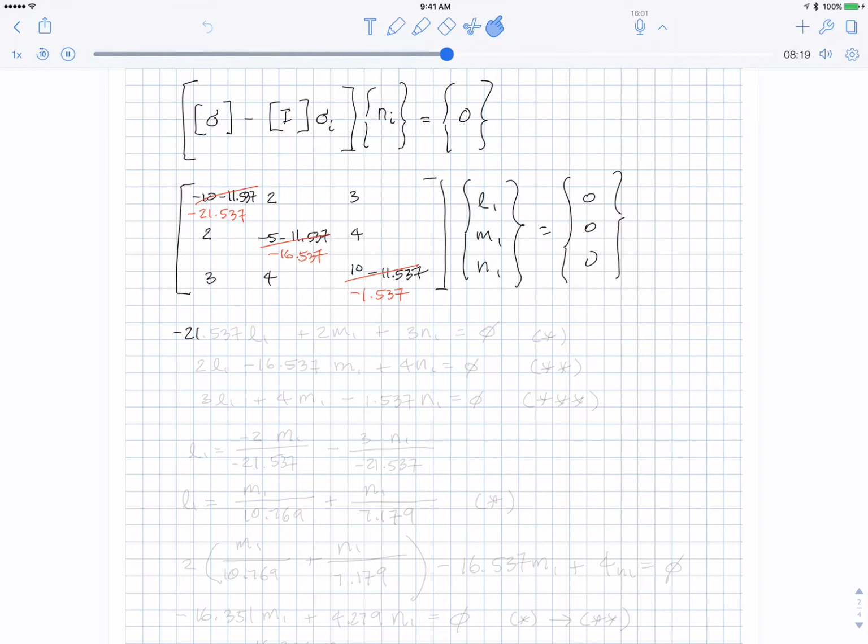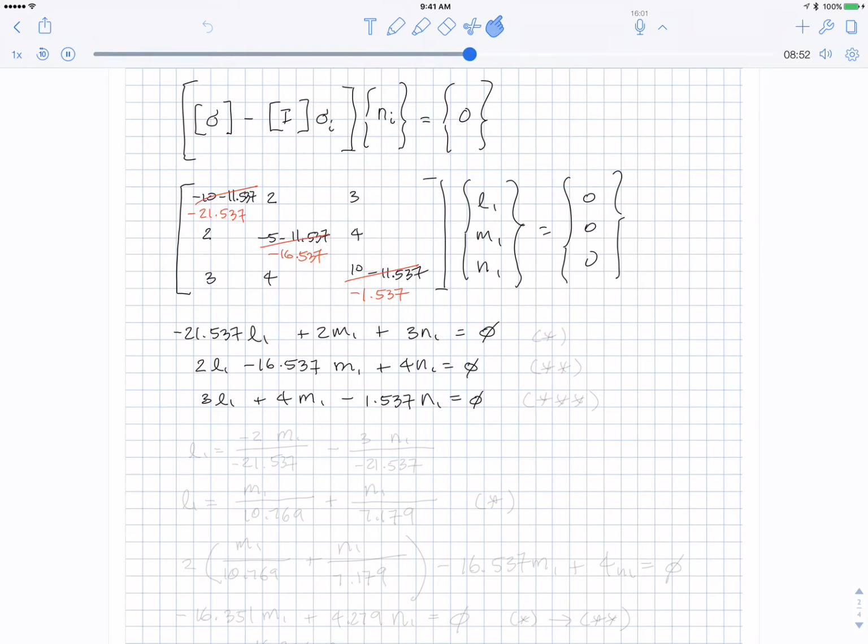So minus 21.537 L1 plus 2M1 plus 3N1 equals 0. 2L1 minus 16.537 M1 plus 4N1 equals 0. 3L1 plus 4M1 minus 1.537 N1 equals 0.